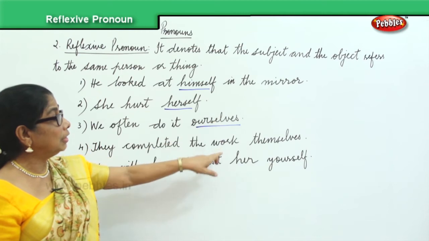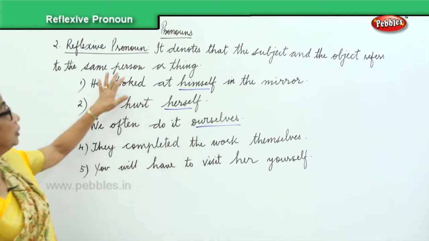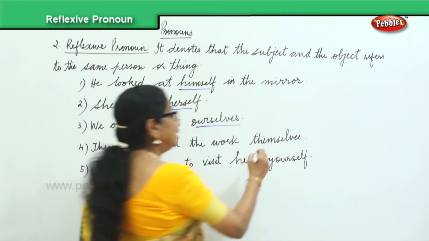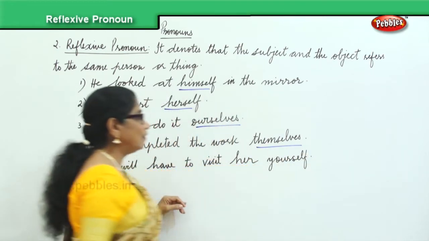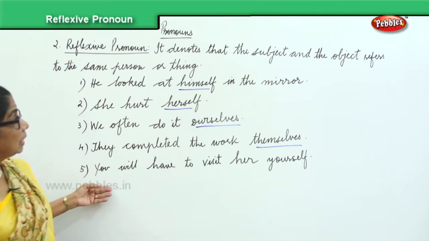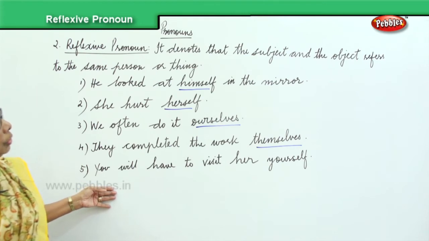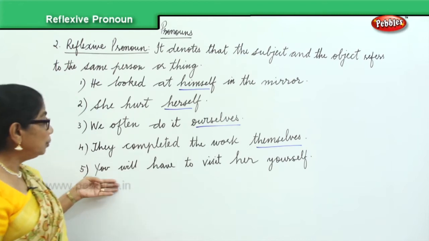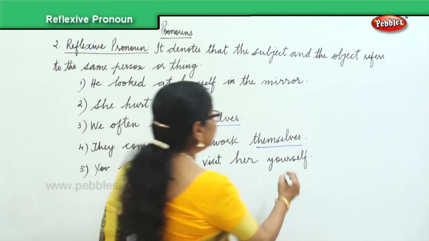The subject and the object refers to the same person. What did they do? They did the work. How? They did it themselves. So that's a reflexive pronoun. In the last sentence, the subject is you, and the object is her. You have to visit her. So you have to visit her yourself.